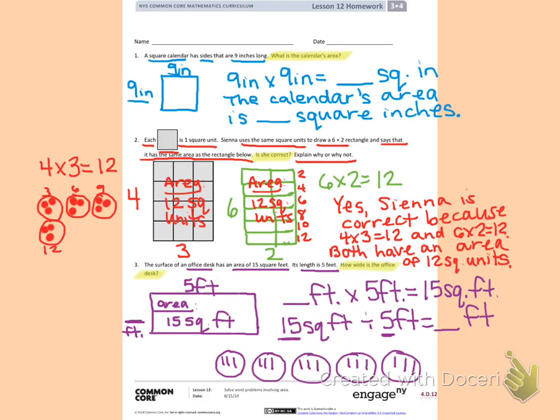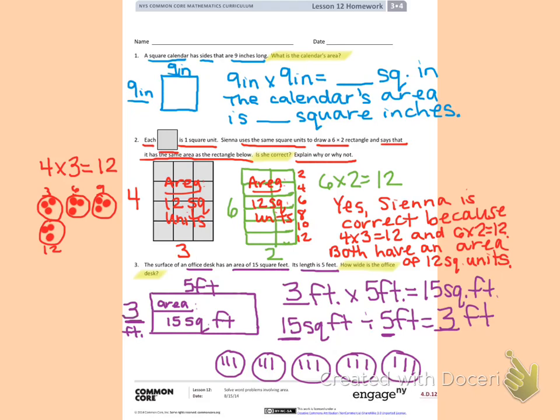All right, I've taken the number 15, I've divided it equally into 5 groups. That means by looking at the picture, I can see that each group gets 3 feet. So 15 divided by 5 is 3, which means that the unknown side length is 3 feet, which I will label now.